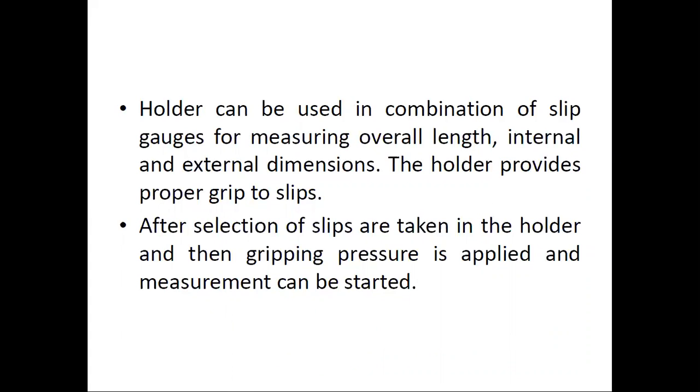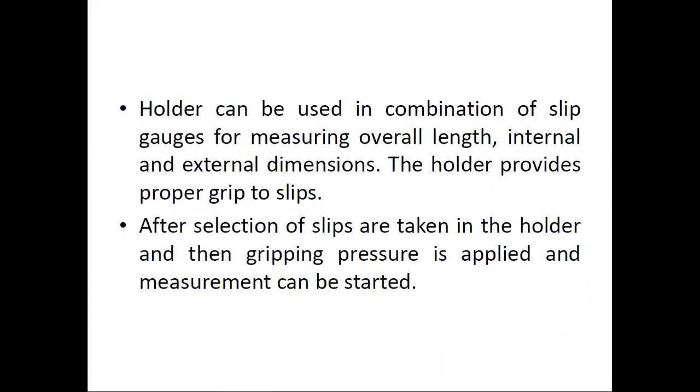As you know, the slip gauges are made with very high precision, and they are twisted and attached to each other. So the surface of the slip gauges should be very clean.